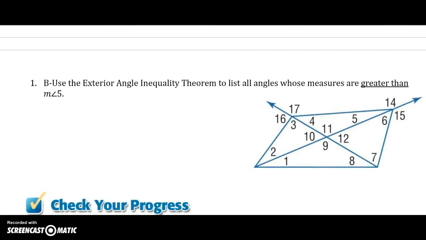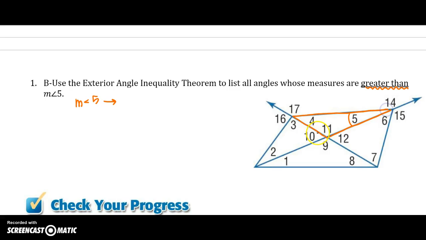We are asked to find something that is greater than the measure of angle 5. Here's the measure of angle 5, and notice it is an interior angle. So any exterior angle to 5 would be considered greater than. The exterior angle to that would be angle 10.